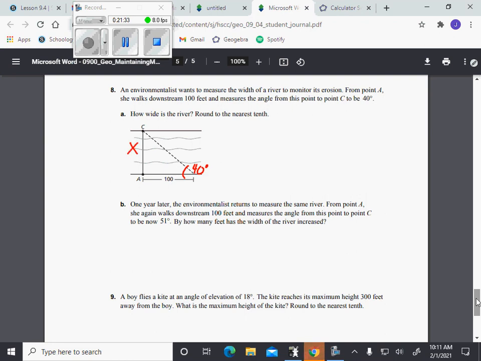Well, we can set up a tangent ratio, right? The tangent of 40 degrees can be equal to X over 100. Cross multiply. We're going to get X equals tangent of 40 times 100.